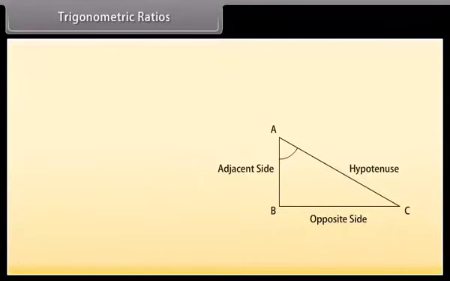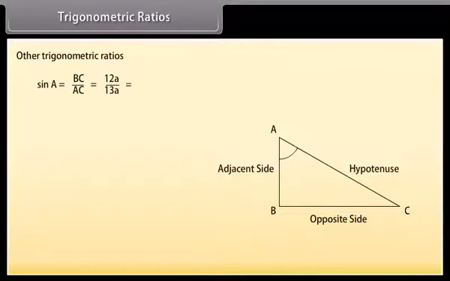Let us now find the values of the other trigonometric ratios. Sin A is equal to BC upon AC equals 12a upon 13a, equal to 12 upon 13. Tan A is equal to BC upon AB equals 12a upon 5a, which is equal to 12 upon 5.